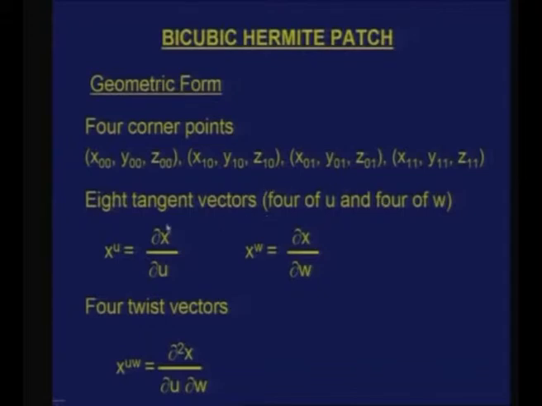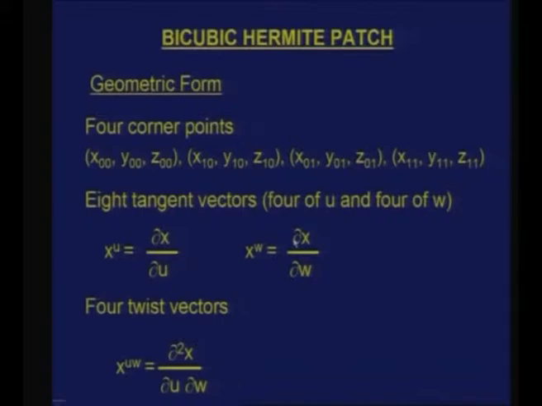Then you have 8 tangent vectors, because there are 4 tangent vectors at the 4 corner points which are the derivative with respect to u. If I have x of u, this is del x by del u. So, at any point I have 3 components, that is del x by del u, del y by del u and del z by del u.